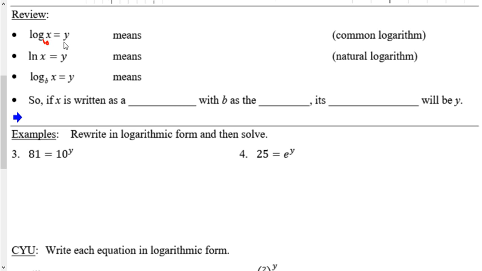Not very easy to read 10, but that's what that's supposed to be there. That's a little bit easier to read. And then if you remember from yesterday, what this is saying is, if I was to take this x and rewrite it as a power base 10, this is telling me that y would be the exponent.